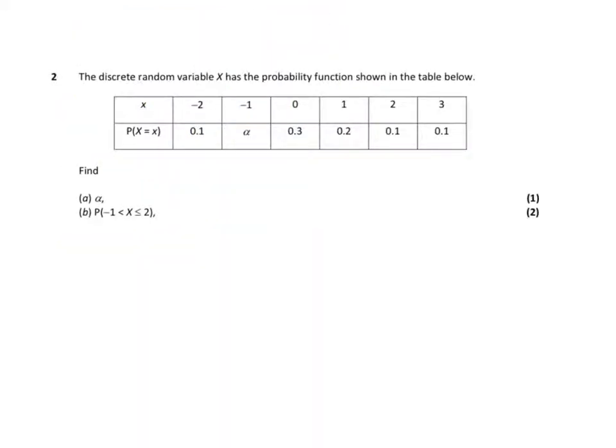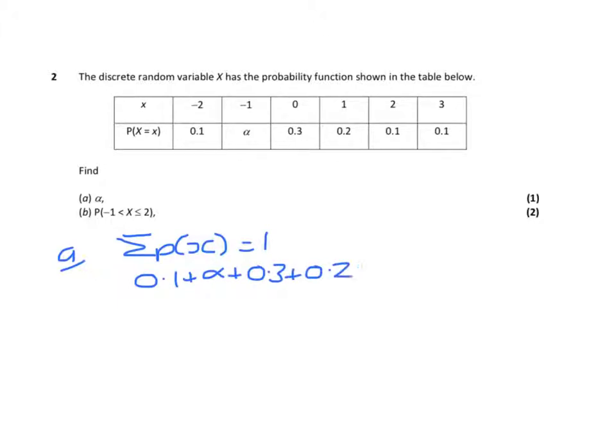In example 2, we're asked to find alpha, and this time I'm going to use the fact that the sum of all probabilities has to be 1. So 0.1 plus alpha plus 0.3 plus 0.2 plus 0.1 plus 0.1 has to be 1. So alpha plus 0.8 has to be 1. Alpha is 0.2.